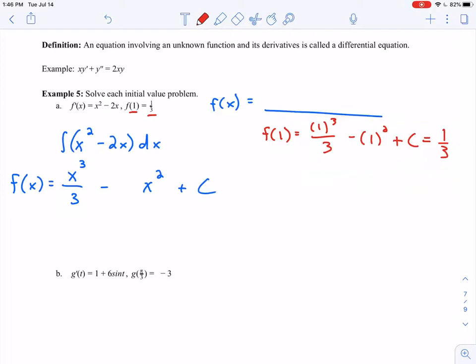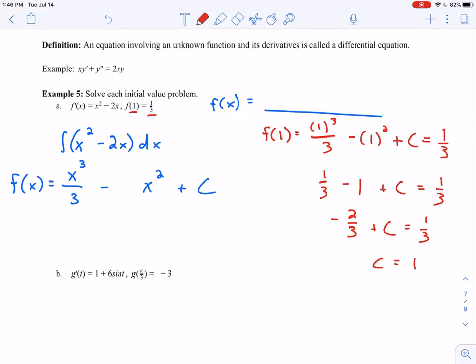So I should have 1/3 minus 1 plus c is equal to 1/3. 1/3 minus 1 would be negative 2/3 plus c is equal to 1/3. So if I add 2/3, c is equal to 1.